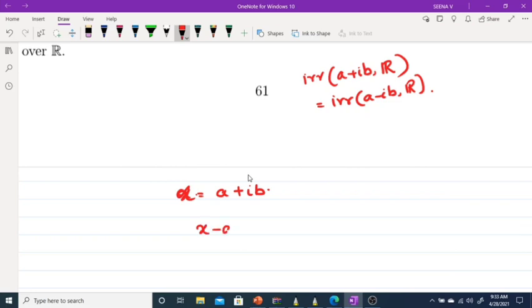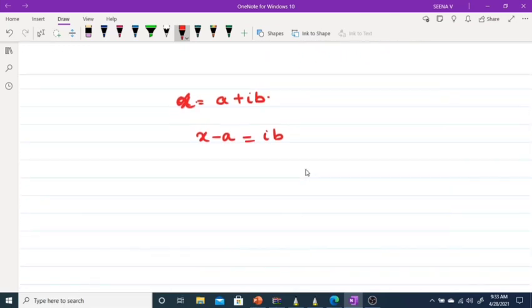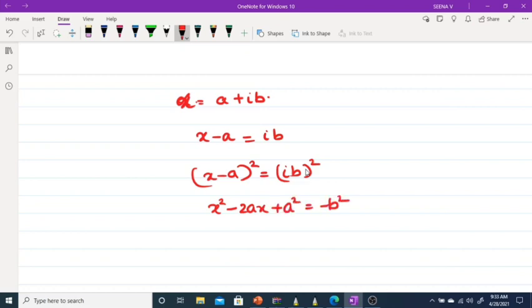So x minus a equals ib. Then x minus a whole square equals i square b square, that is x square minus 2ax plus a square equals minus b square, that is x square minus 2ax plus a square plus b square equals 0.